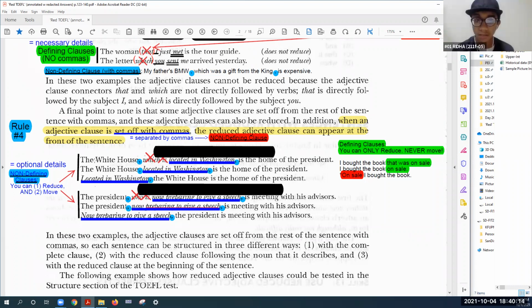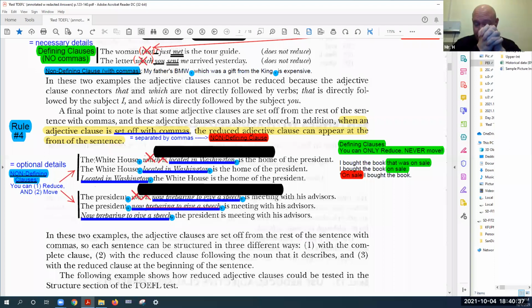Do we need more information to make sure everyone knows which house? No. So the information between commas is necessary or optional? Optional, unnecessary, and it can be deleted.